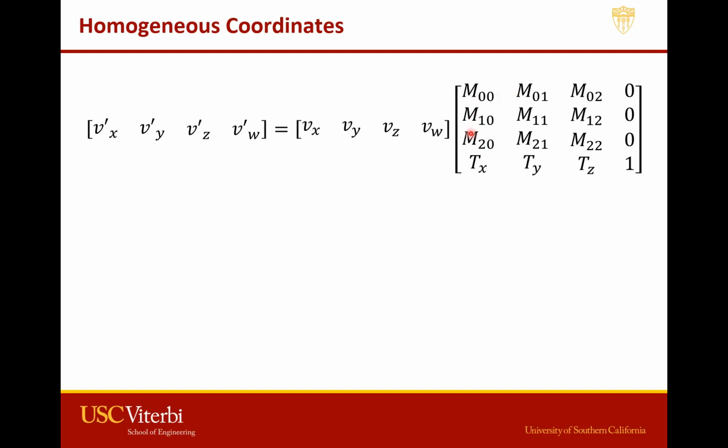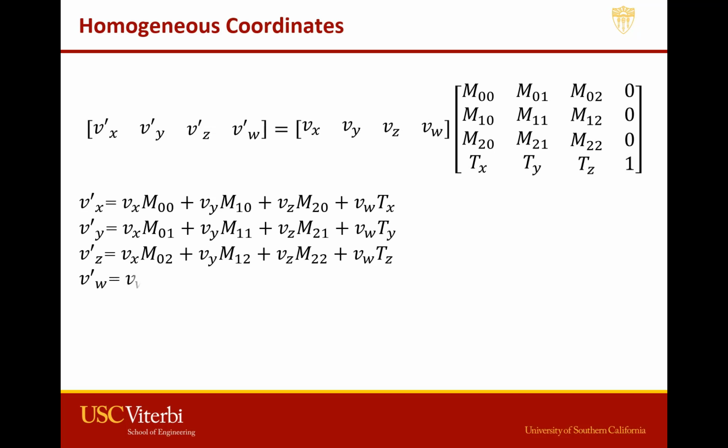I took my original 3x3 matrix we had from the previous slide. So maybe that's a rotation or a scale, or it's a rotation and a scale. That goes here in the 3x3. On the bottom, I'm putting the translation. And I've put zeros here and a 1 here. Let's do the multiplication and see what we get.